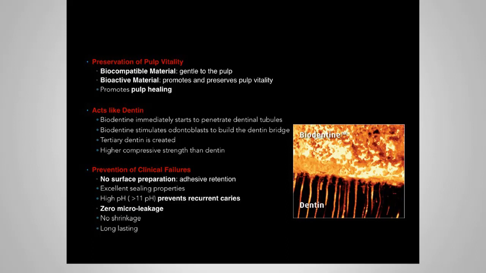It also has a very high compressive strength, even harder than dentin. You don't have to prep the surface, so it's going to seal. It's got a very high pH. We get zero leakage. We're going to kill off bacteria, and there's no shrinkage. And the color is going to look better because we're looking at a white, not a gray.